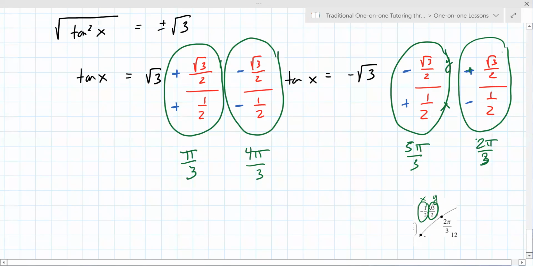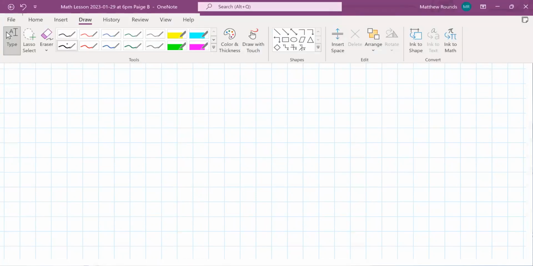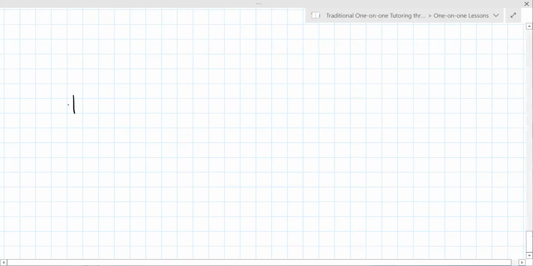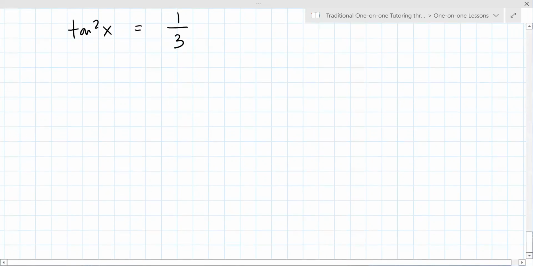So let's do the other style of problem you'd see here, which is tangent squared x equals 1/3. Just like in the last problem, we have to take the square root of both sides.